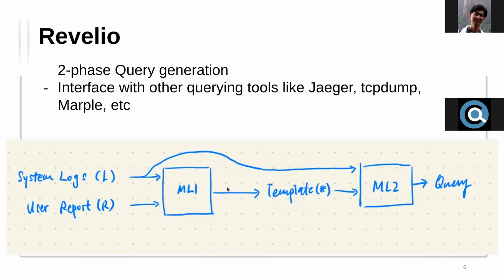The first part will generate a template for the query, and the second part will take in the template as well as the system logs to populate the values for that template. And then finally, this query is given to the developer to execute. So basically, that is a way to generate a query, right? From your workflow here, the input is a system log and user report, and the output is a generated query.